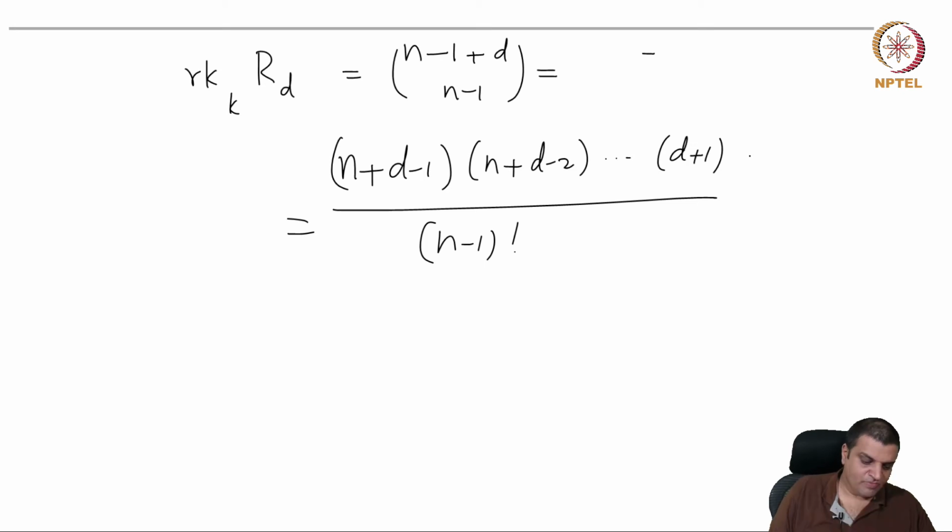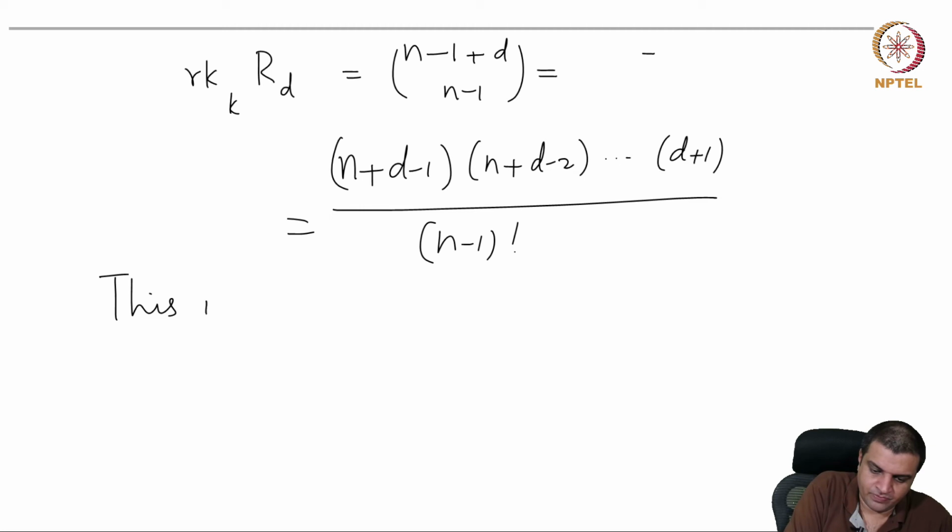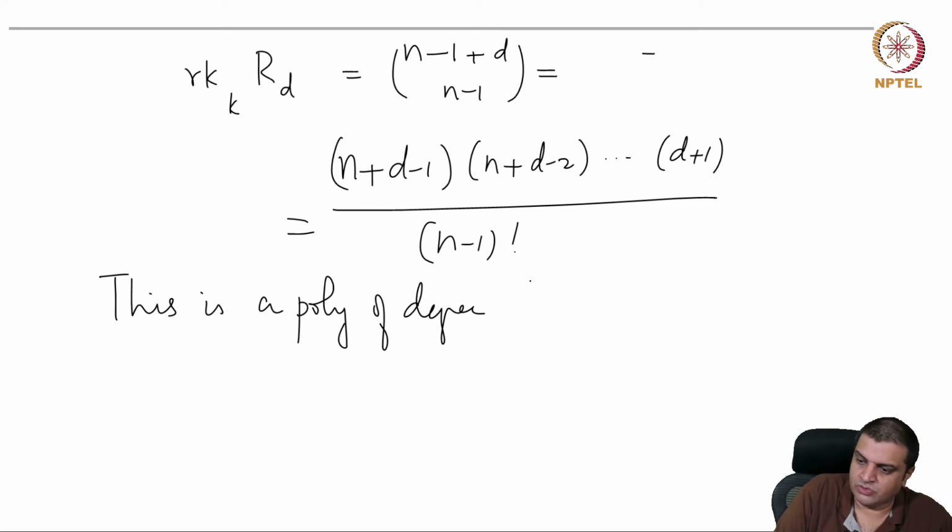Now, if you think of it as a function in d, this is a polynomial in d of degree n minus 1, since there are n minus 1 terms here, and it has n minus 1 zeros.